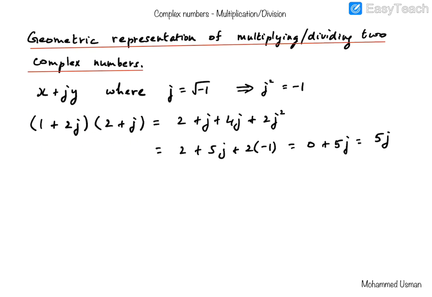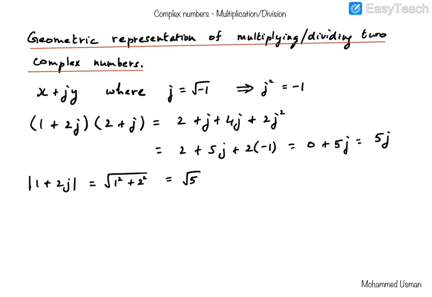So the magnitude of the first complex number, 1 plus 2j, the general rule for magnitude is the square root of the real part squared plus the imaginary part squared. So that's 1 squared plus 2 squared, which is equal to square root of 5. So that's the magnitude of the first complex number.